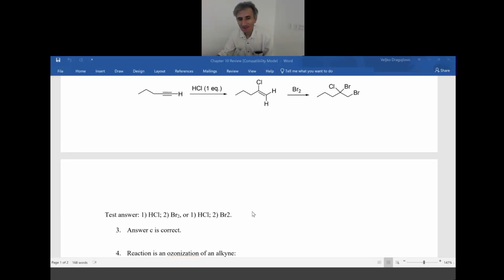By the way, I will delete this answer, but let me just type up an alternative answer. Let's say I asked how would you prepare 2,2-dichloropentane, that means 2 chlorines on the second carbon. So when you look at this second carbon, there is chlorine, nothing here, just hydrogens.